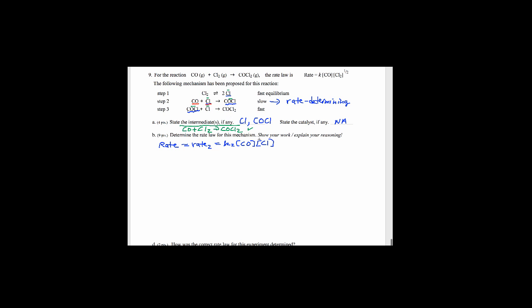Now the problem is Cl is an intermediate, and we can't have an intermediate in our rate law. So we're going to have to get rid of our intermediate, and how we can do that is we take advantage of the fact that step 1 is a fast equilibrium. Since we have an equilibrium step, the rate for step 1 going forward and the rate for step 1 going in the reverse direction are equal.